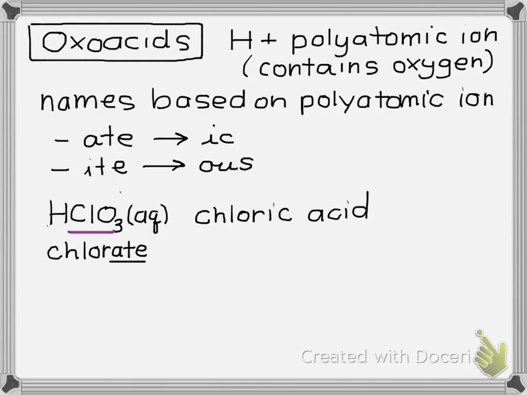Now notice they do not use hydro for these. Because we put the word acid, we know that the polyatomic ion is also in combination with hydrogen. Now let's say, for example, we have HClO2. ClO2 is chlorite.